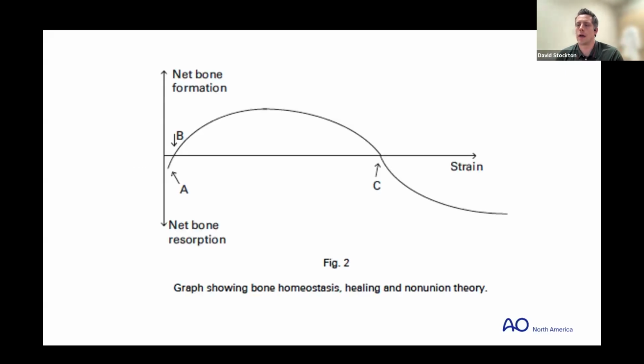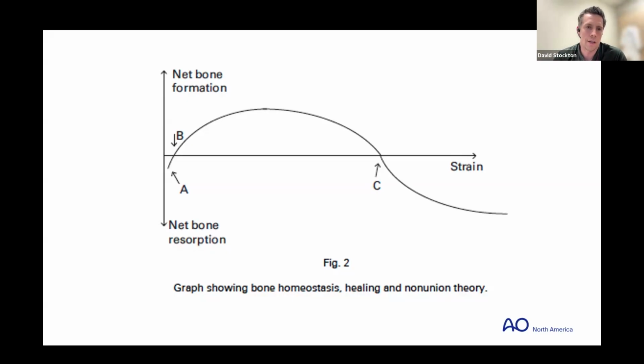So a couple of highly important graphs were presented in this paper. On one axis, you have net bone formation and net bone resorption, and then on the horizontal axis, we have strain. Point B is supposed to represent normal bone homeostasis, and we'll zoom into that point on the next slide.